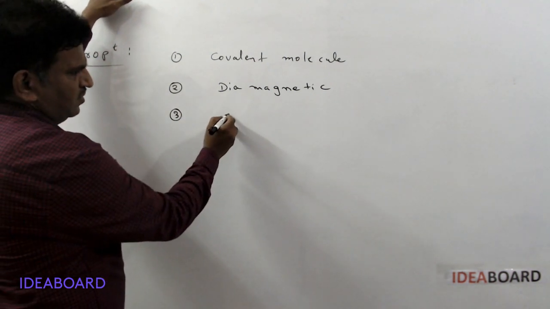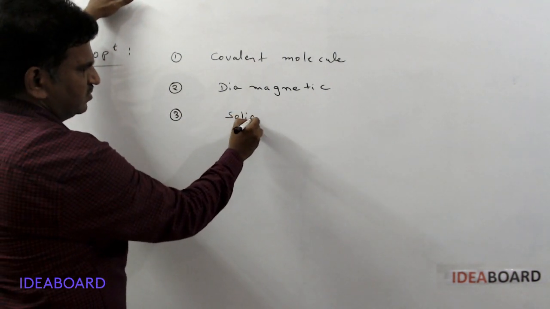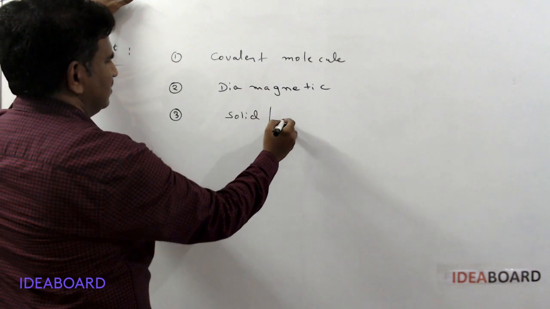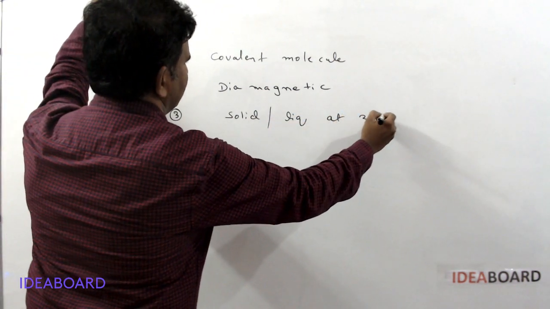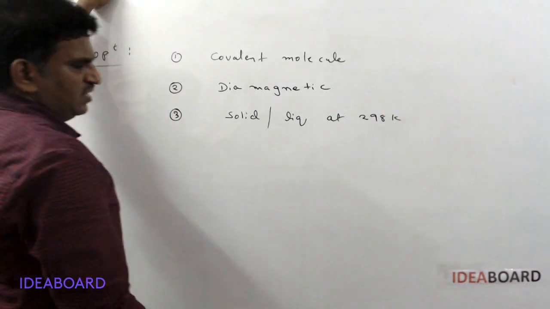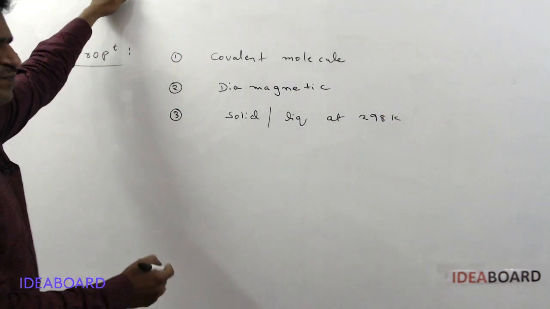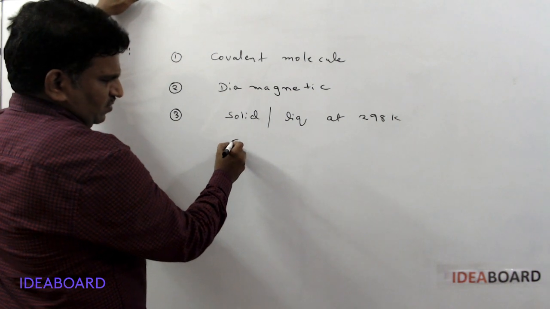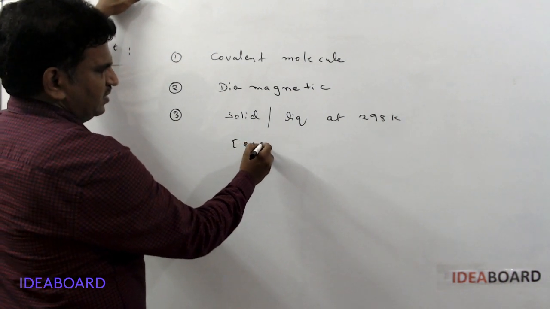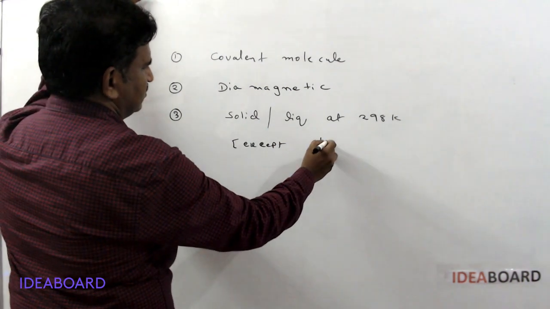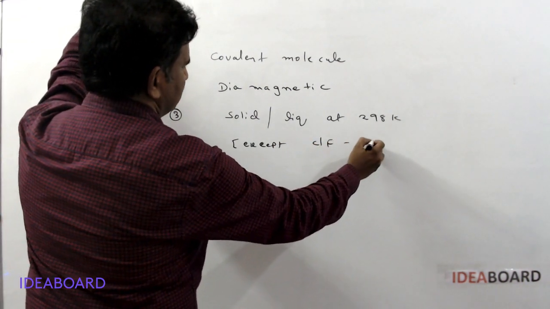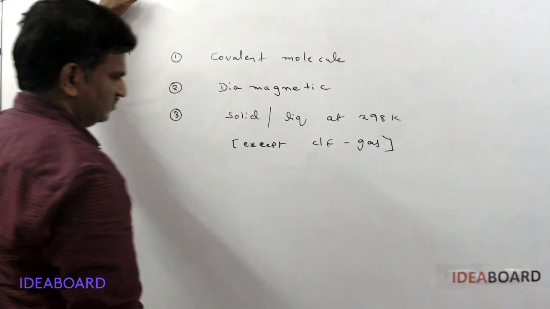Third point, they are mainly present in the solid or liquid form at 298 Kelvin, which is room temperature. There is one exception, ClF, which is present in the gaseous state.